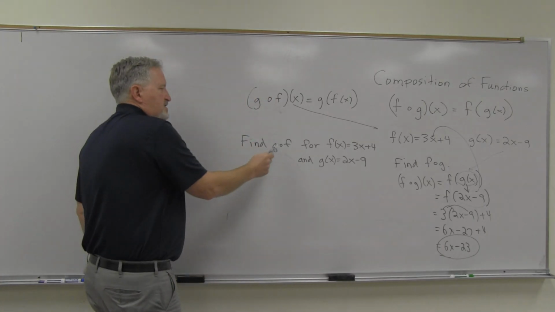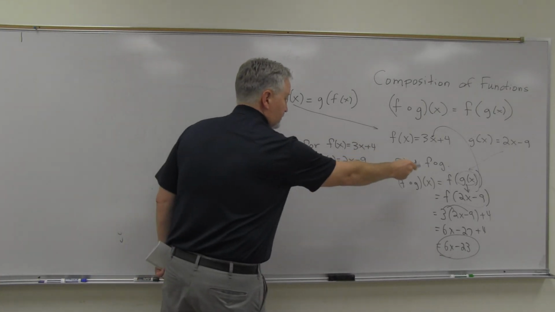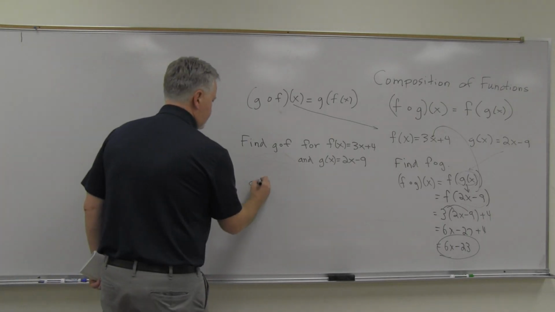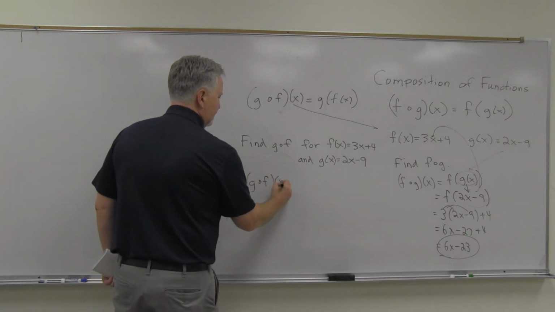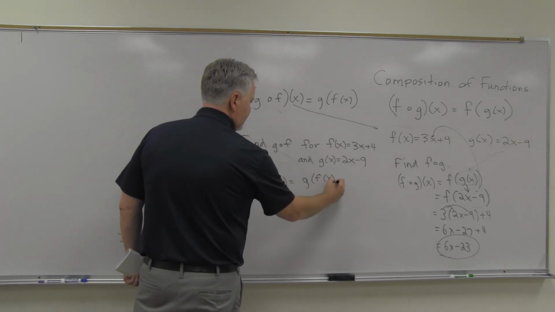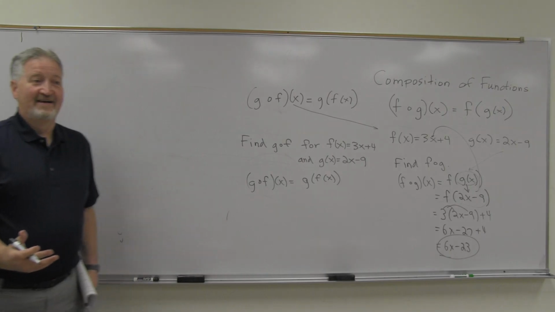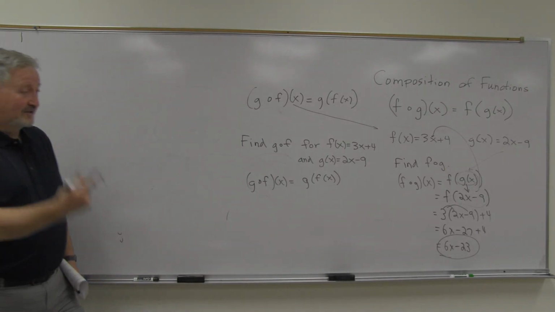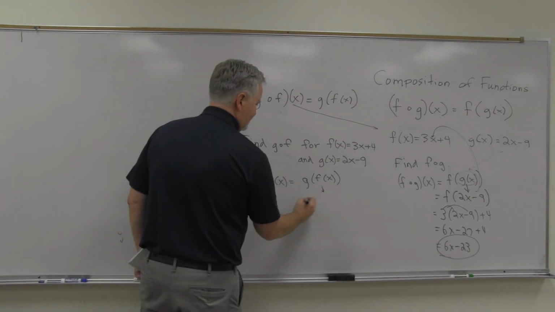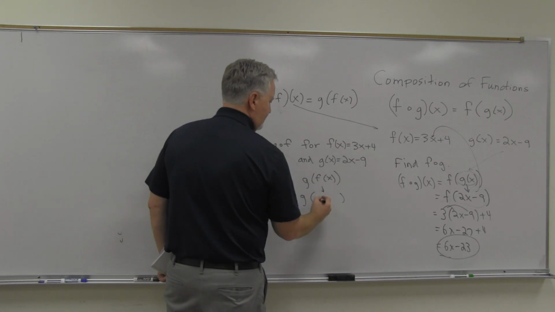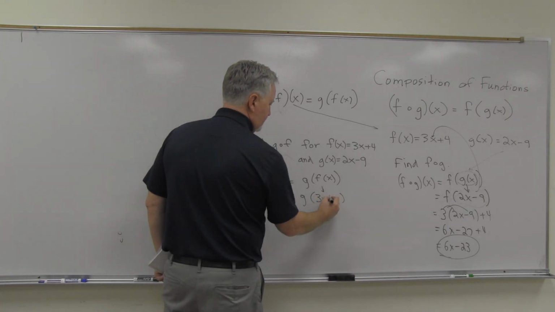All right, so let's find g circle f. We found f circle g for those. Let's find g circle f for those. Well, g circle f of x, you leave them in the same order, so it's g of f of x. What's different about that? You do the f of x first. In other words, you're going to replace f of x first in the parentheses there. Do the parentheses first. So f of x is 3x plus 4.